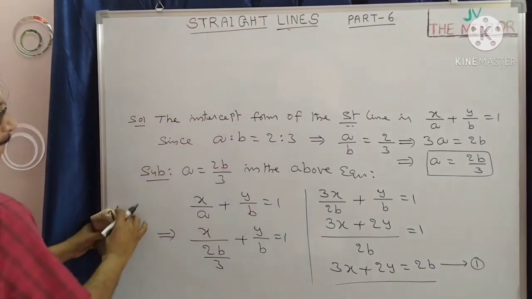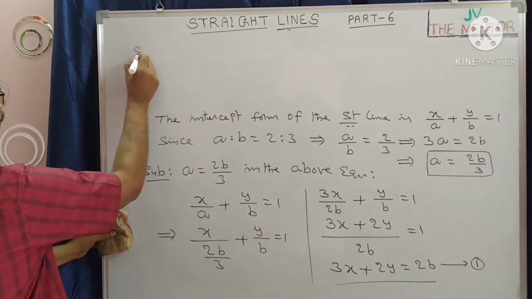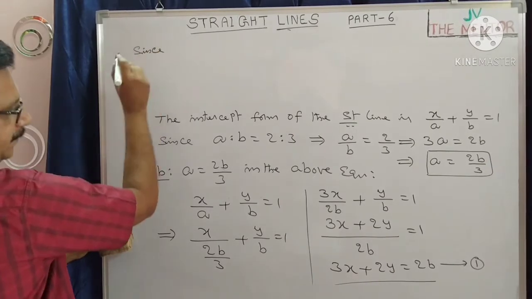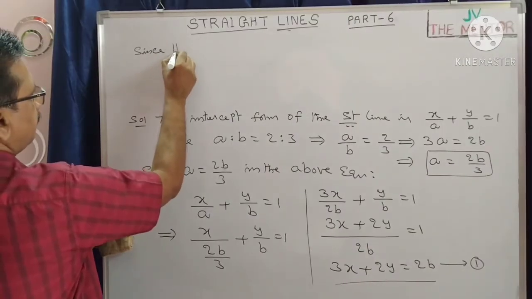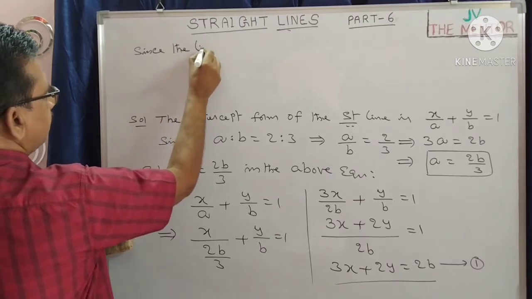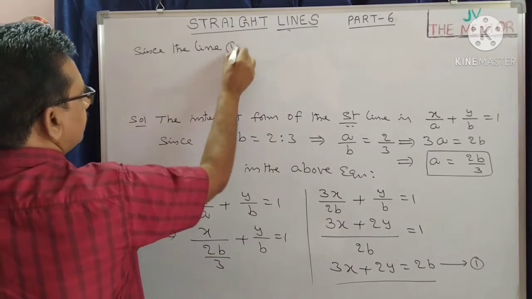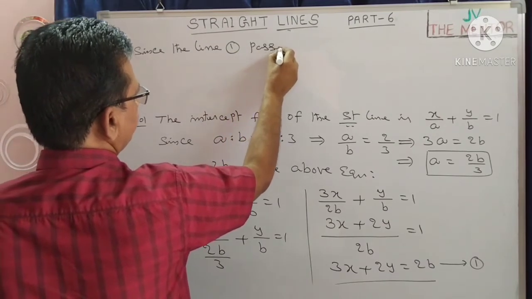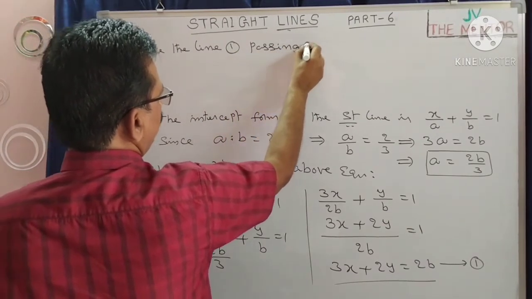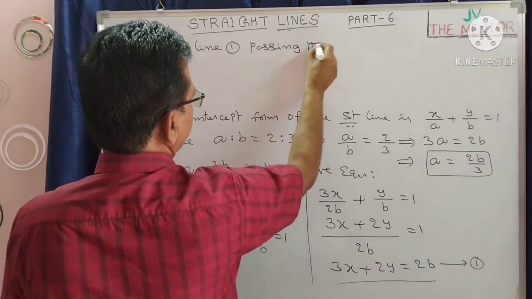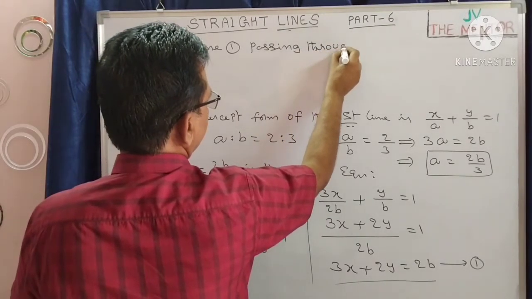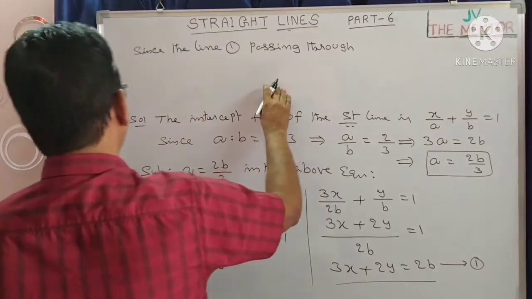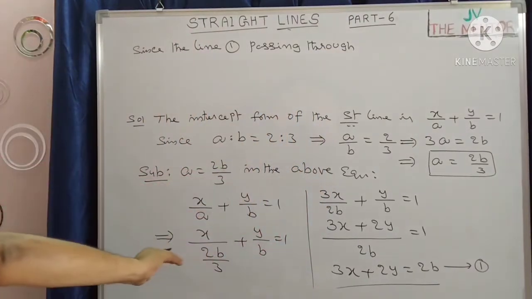Since the line 1 passing through the point, point ఏంటండి?